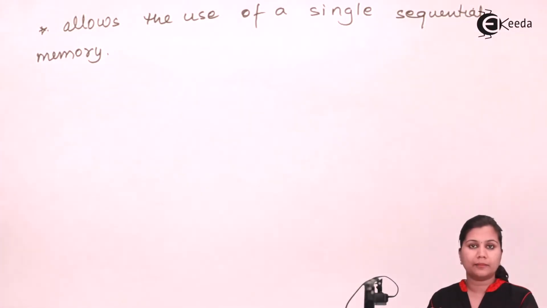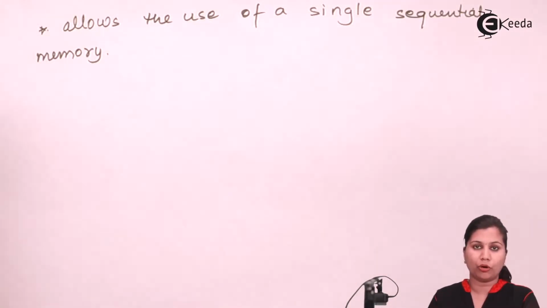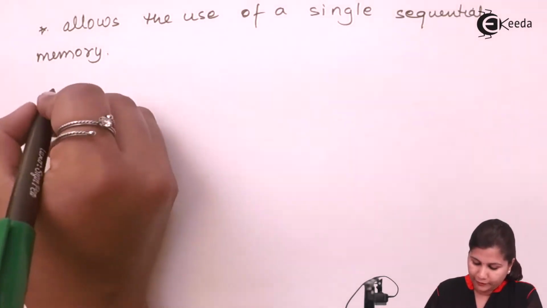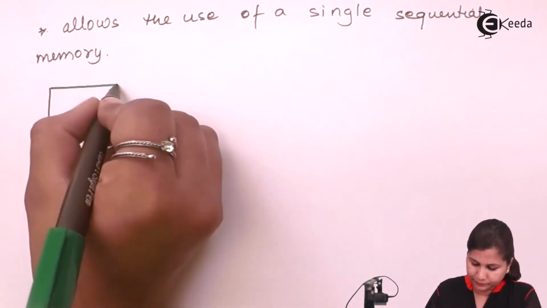Now, if we see the architecture of the system in the von Neumann type, it will have the memory.